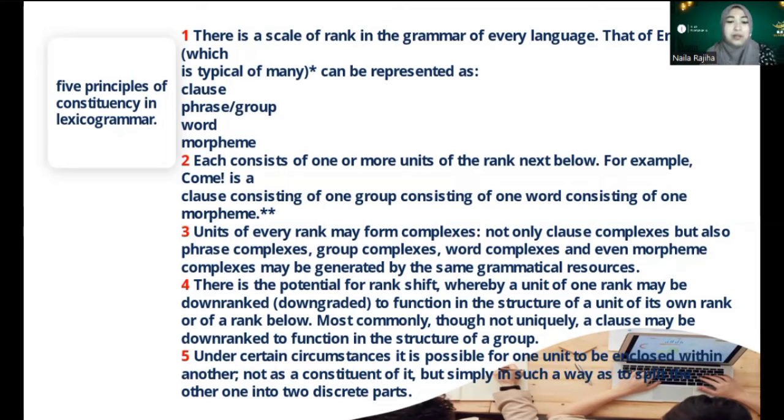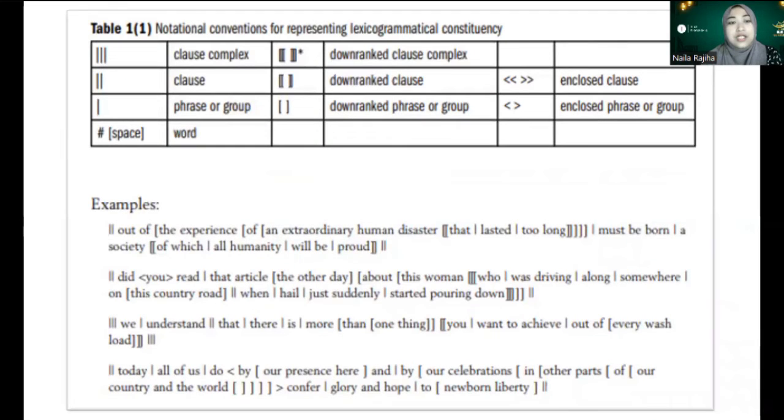And the last one is about under certain circumstances. This is the five principles of constituency in lexicogrammatical. This is the notation and the sample, the three strips about clause complex, two strip clause complex, and space, it means word.